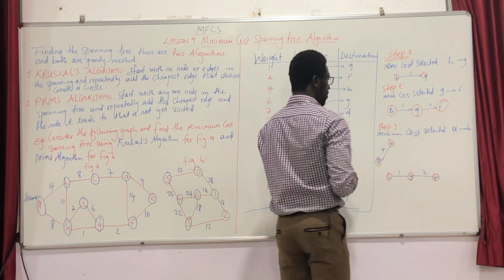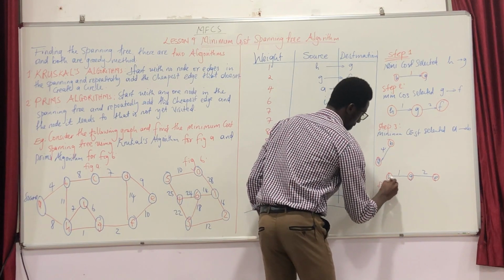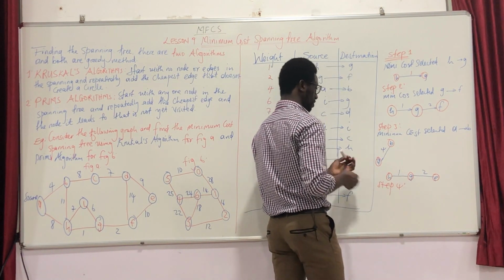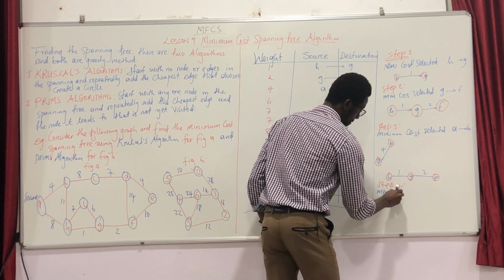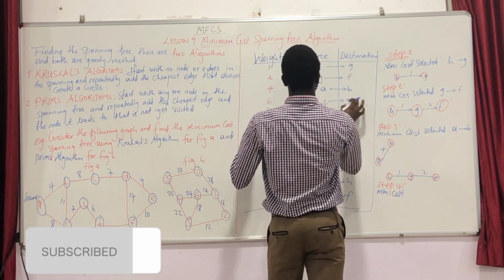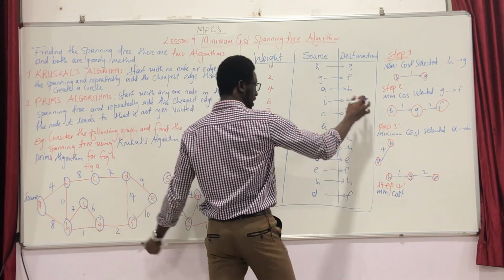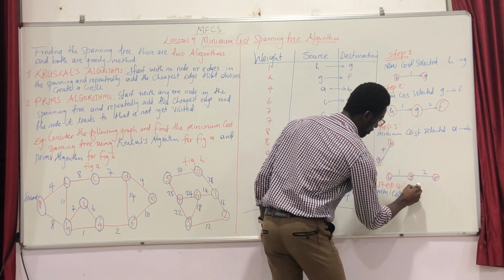So step 4, we'll check for minimum cost. Let's see, step 4 is I and G. I and G selected because we have G already. I and G, minimum cost selected.